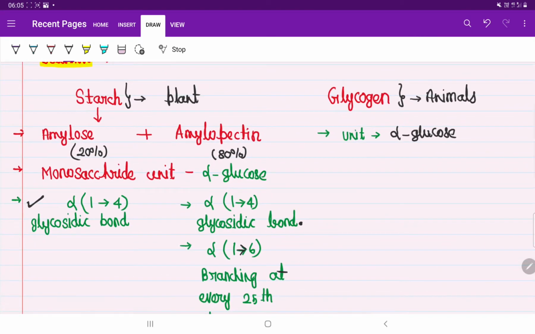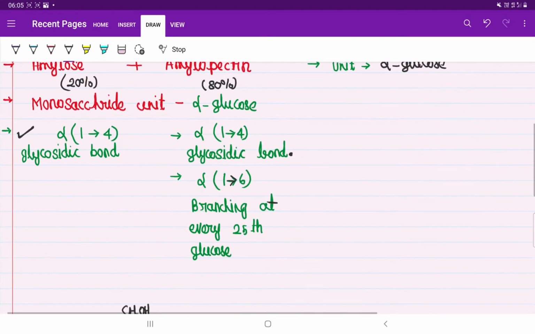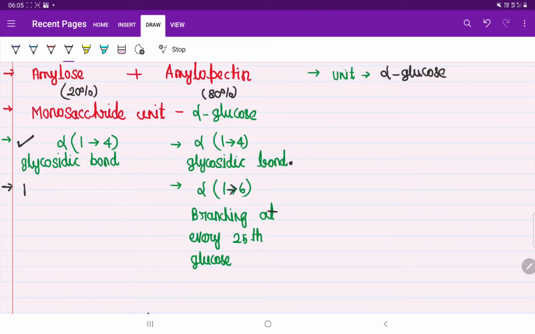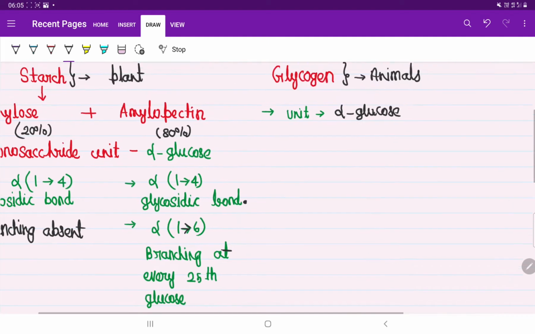This is the big difference between amylose and amylopectin: amylopectin has branching at every 25th residue, but in amylose, branching is absent.